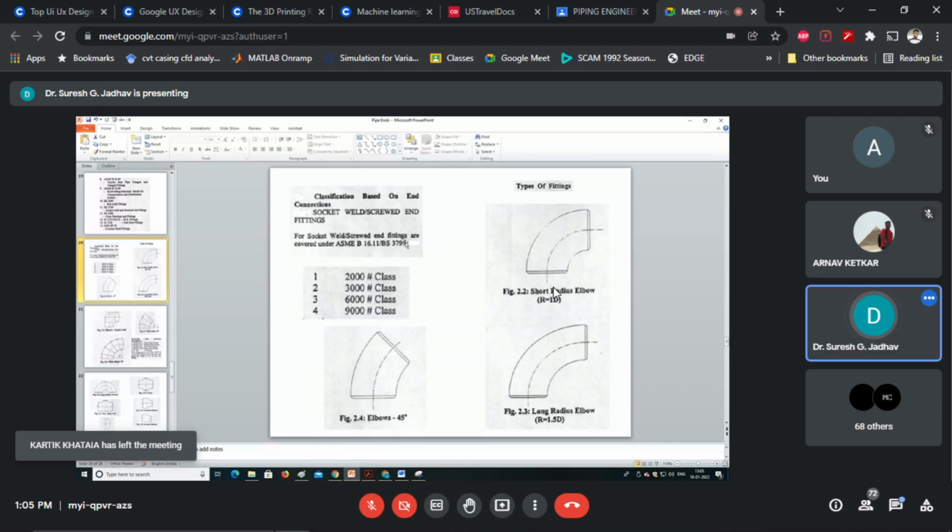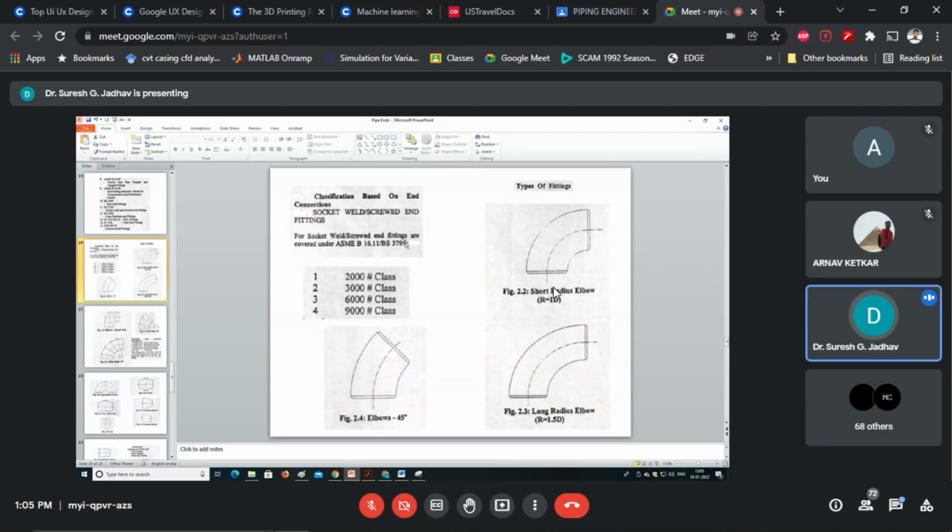Here we can see the different types of fittings. There is the short radius elbow, where R, the radius of the elbow, equals 1 times D, the diameter of the pipe. So we can identify this as a short radius elbow.